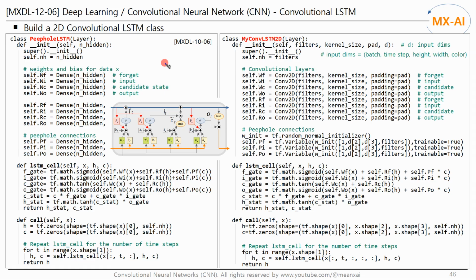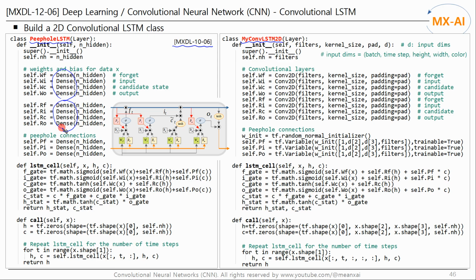Next, let's implement a Python class for the 2D convolutional LSTM model we looked at on the previous page. The class for the peephole LSTM model used in this video is as follows. The 2D convolutional LSTM model is very similar to this. In the peephole LSTM model, dense layers are used for Wf and Rf like this.